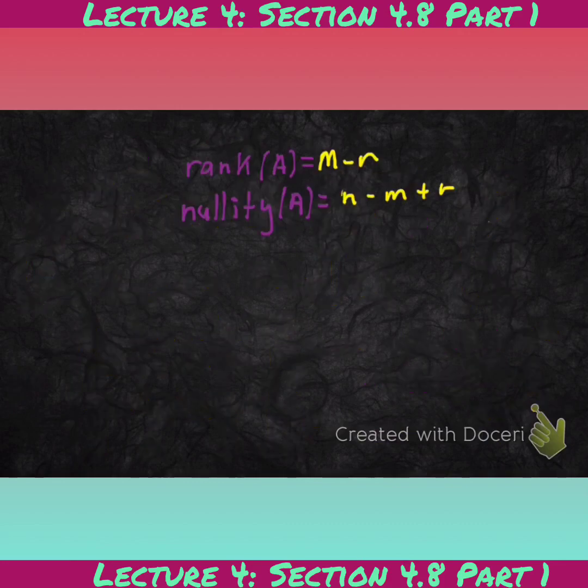Right, so for future reference, I just want you guys to make the following observation. If we take the rank of A, and we take the nullity of A, and we add the rank to the nullity, we get n, right? And what was n again?